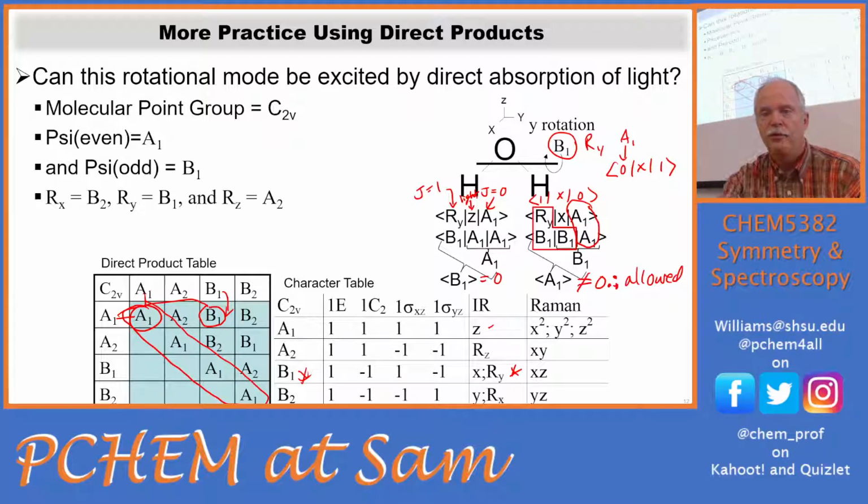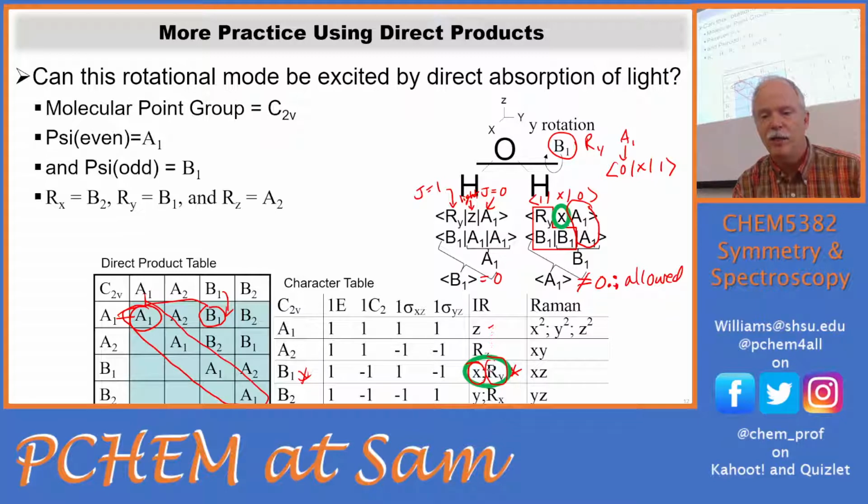And so if RY is B1, and we need something to match B1, then X is going to match that. If we look here, we see RY and X are on the same row. We find rotation around Y, and we know that X polarized light is right there with it. And so that's going to be allowed.